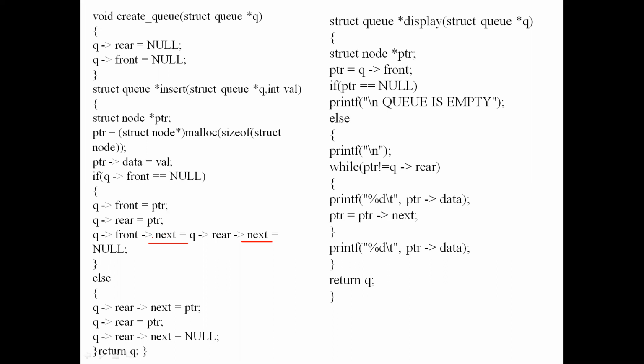That's why we are making both front next and the rear next as null. Then if there is no node at all, this if will work, and otherwise this else part will work. That is what we have discussed in the algorithm.